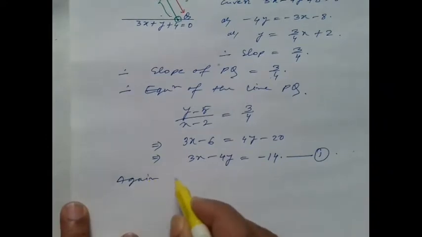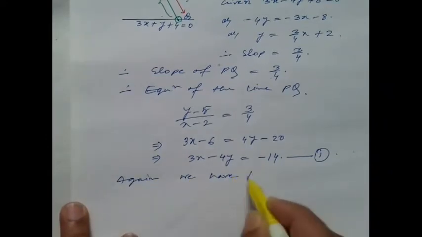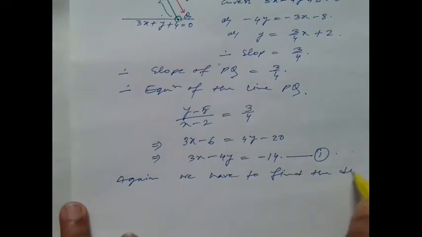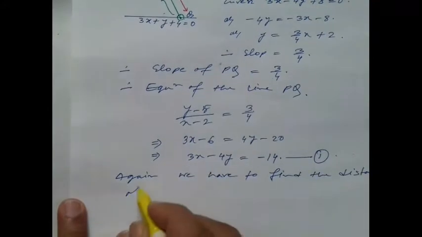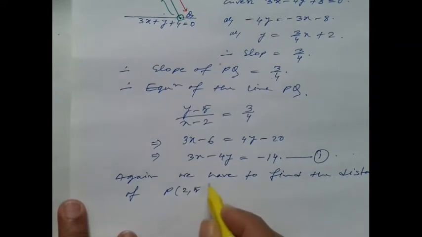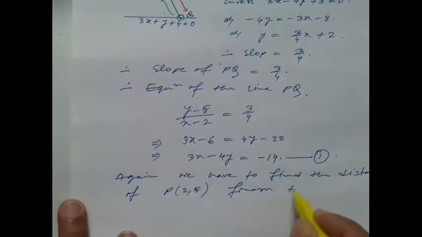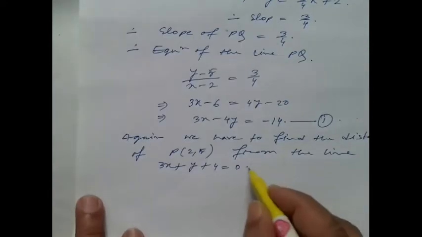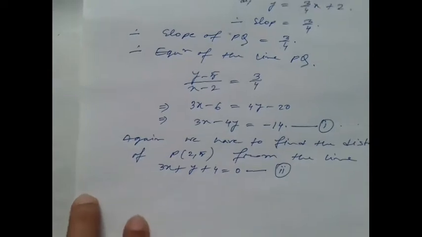Again, we have the line 3x plus y plus 4 equals 0, through which we find the distance of P(2, 5). So this is our equation number 2.